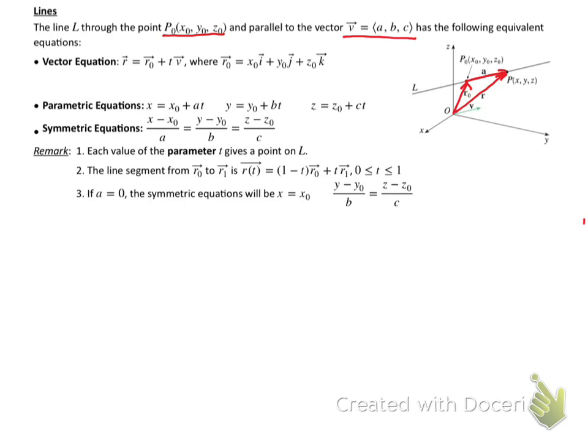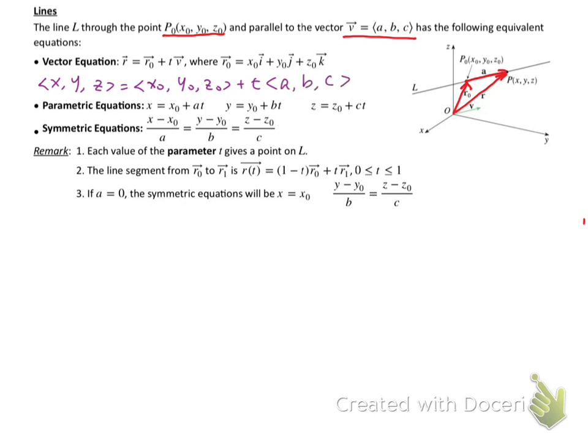If you write out the vector equation in components form, it will be x, y, z equals x0, y0, z0 plus t times the vector a, b, c.